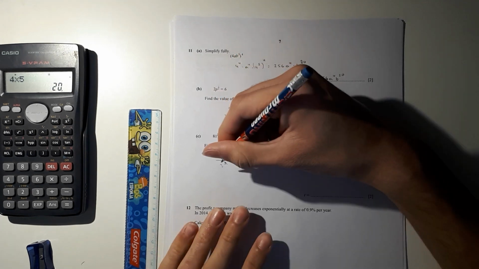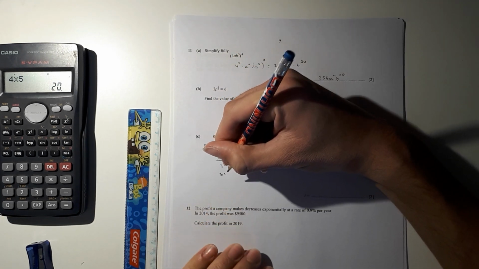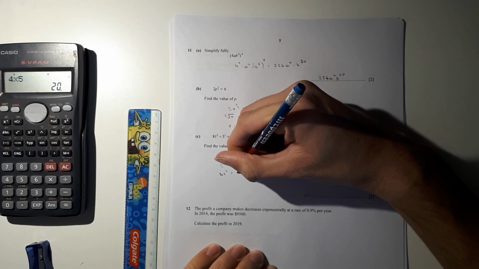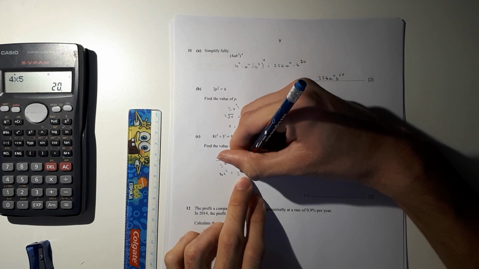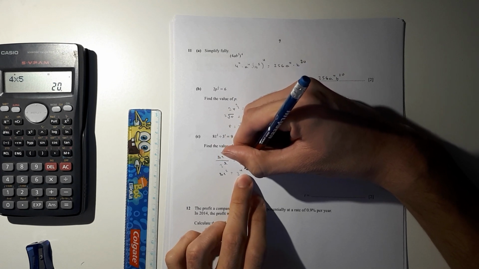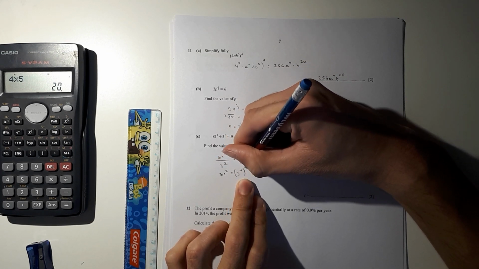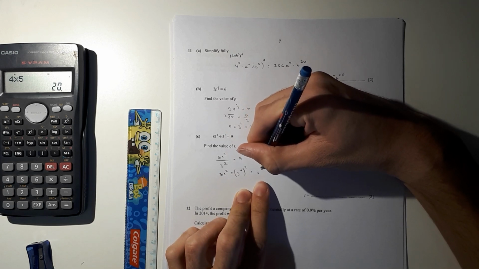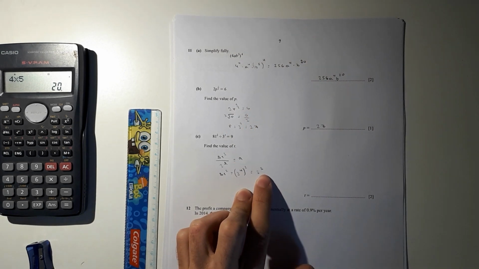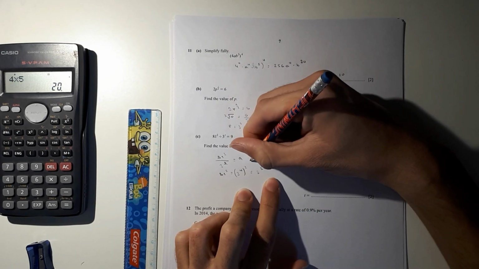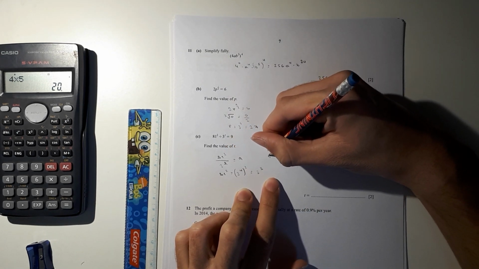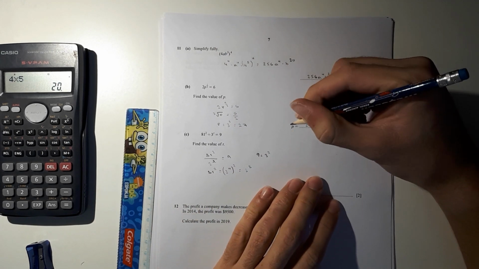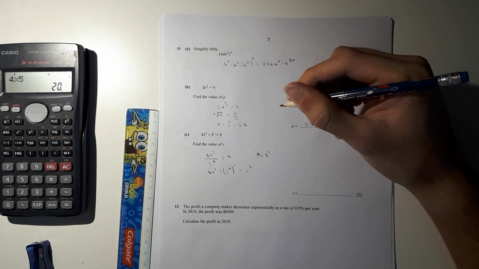So we know that 81 is equal to 3 to the 4th, and all of this is squared. So we can write this as 3 with an exponent of 8, and 9 we can write it as 3 squared.